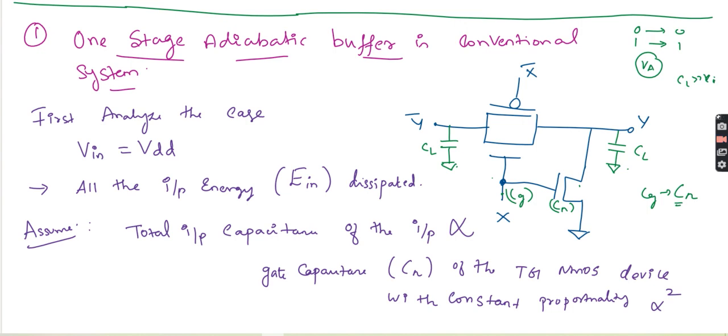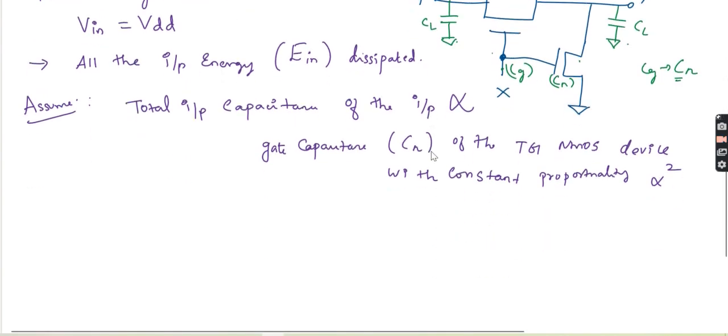The alpha square is nothing but what? It's a scaling factor. As we know that previously we studied, the alpha is nothing but a scaling factor. Okay, alpha square. So this is the scaling factor.